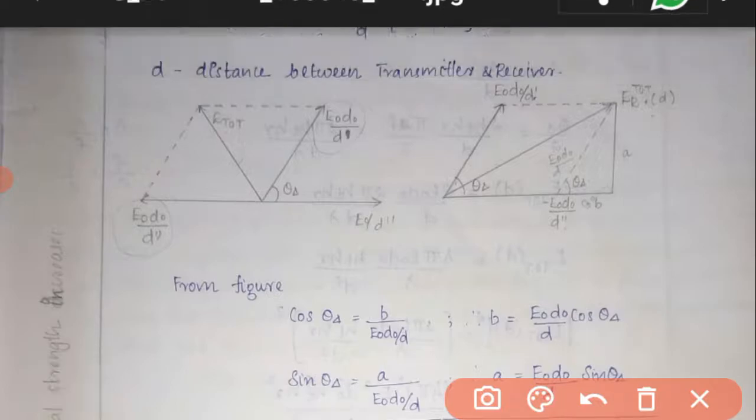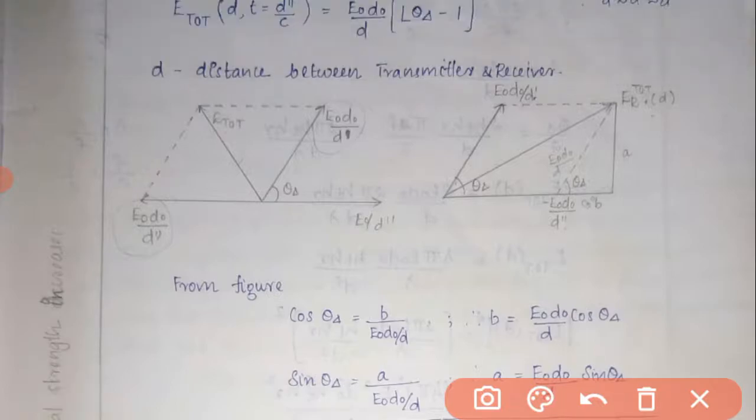So here in this case we have only this figure, we have to extend this. Extend this to this one. So we get this as A, we take this as A and this as B. So what about the total ER total of D?